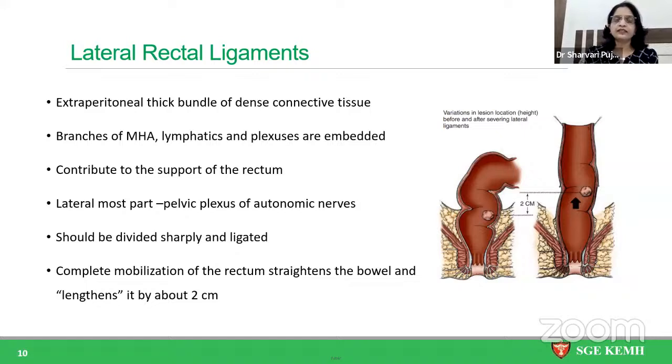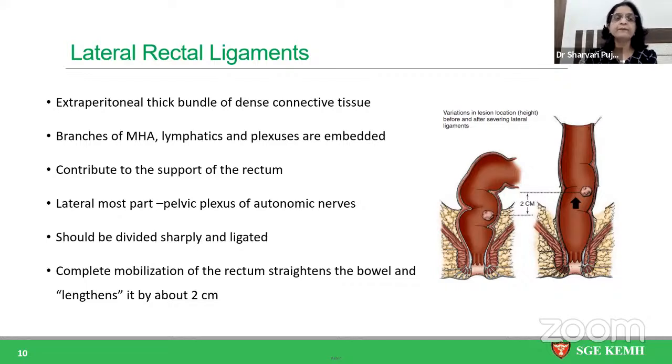They also contain some branches of the middle hemorrhoidal artery; the main middle hemorrhoidal artery usually doesn't travel through the lateral rectal ligaments, but there are branches of the middle hemorrhoidal artery, lymphatics, and plexuses. The lateral-most part of these ligaments lies near the pelvic walls, and beneath these lies the pelvic plexus of autonomic nerves. So without injuring the pelvic plexus, these lateral rectal ligaments should be divided sharply and need ligation, because vessels are there and they bleed.